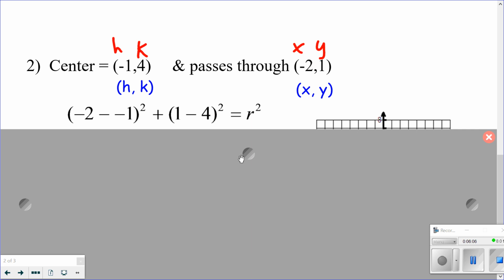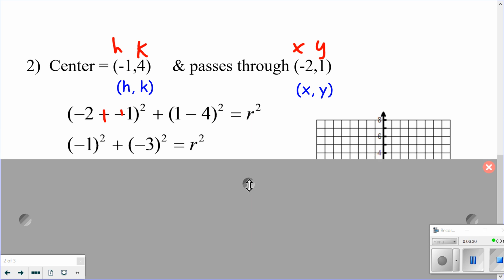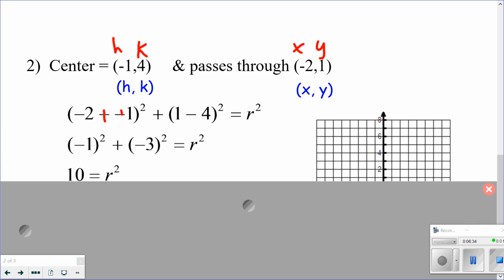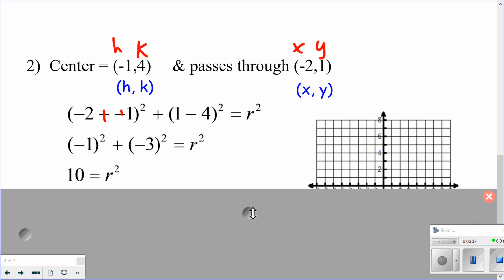So our formula called for x minus h, so we have a -2 minus a -1, quantity squared, plus y minus k, which is 1 minus 4, quantity squared, equals r squared. Go ahead and take a second here to clean this up. We're going to do -1 on the first parenthesis and -3 on the second one. That should give me 10 for r squared.